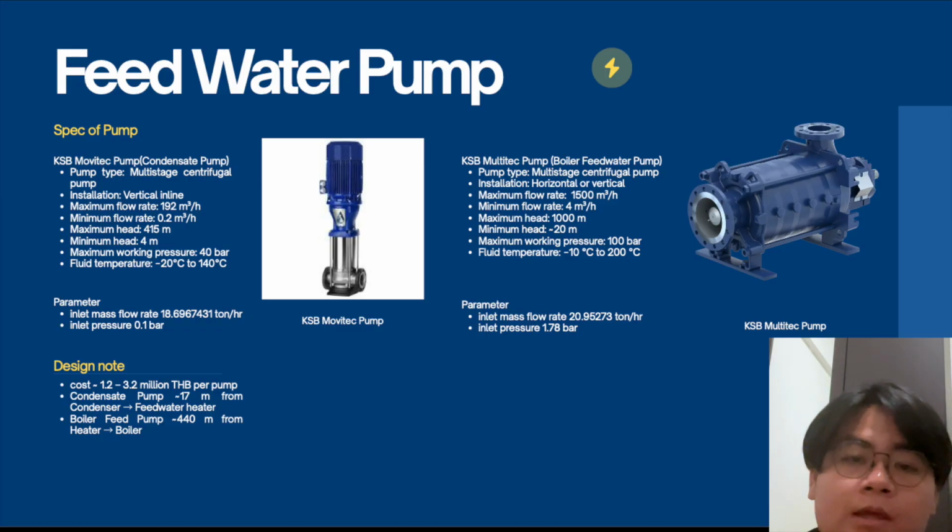Design note: each of these pumps costs us around 1.2 to 3.2 million Thai baht per pump. For the condensate pump, we use a head around 17 meters from the condenser to the feed water heaters. For the boiler feed water pump, we use a head around 440 meters from the heaters to the boiler.